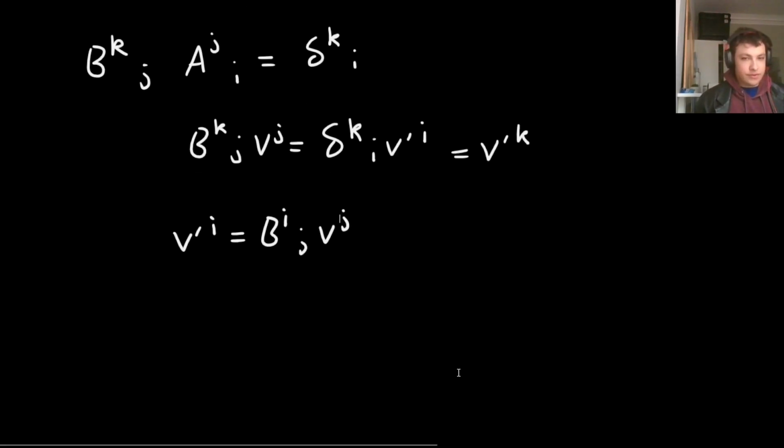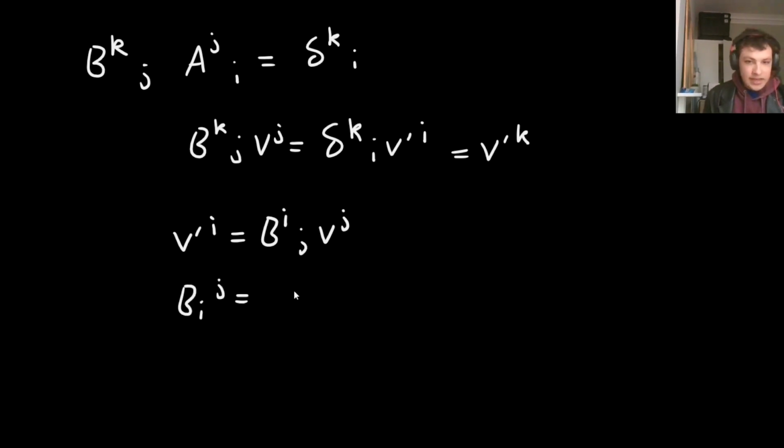We're going to do some new notation. We're going to write B_ij for A_ji, just to change the indices around, which makes it look a bit nicer, which again is B inverse_ji.